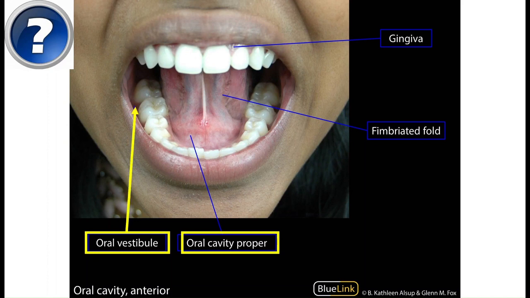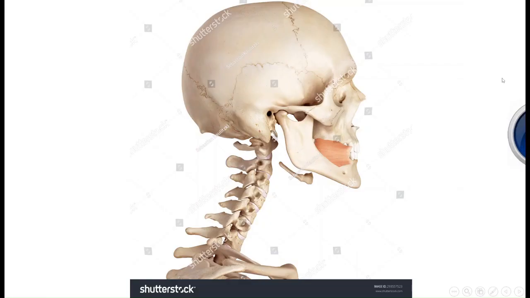This is the oral vestibule between the teeth and the cheek, and this is the proper oral cavity inside the arch of the teeth. You can see also the frenulum of the tongue, and on both sides of the frenulum of the tongue, where the mucous membrane is a bit thinner than the dorsal part, you can see veins in this area. This is called the fimbriated fold.